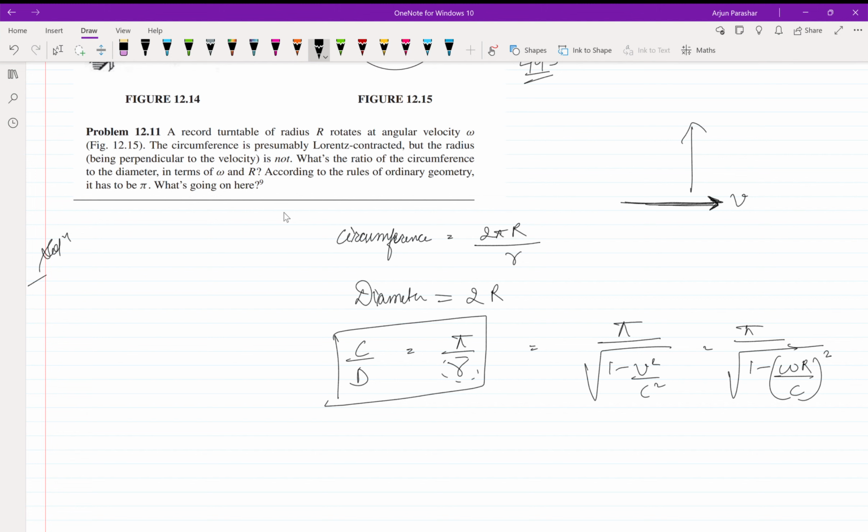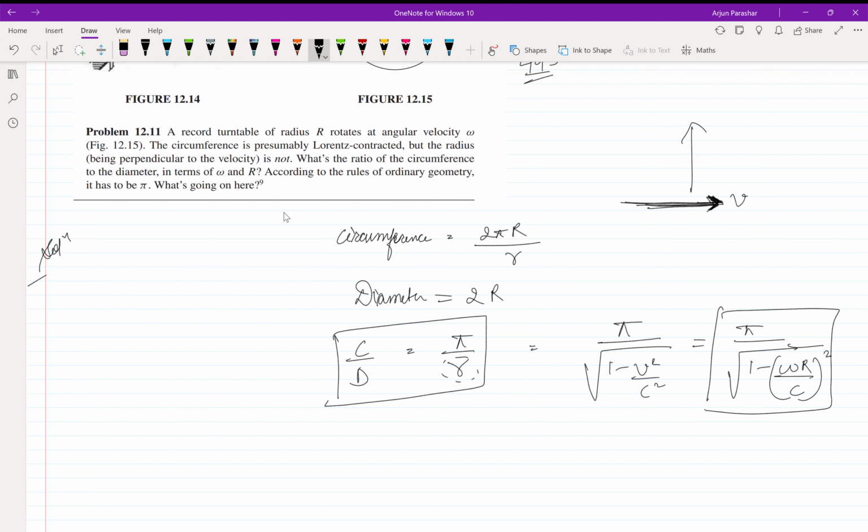It is just because we are studying relativity, and in relativity, length moving in the direction of velocity contracts, and that is why the gamma is placed here. Generally we do not see this kind of stuff, that the circumference is contracting and the radius or diameter is not contracting. This is a bit tricky problem, or you can say a hypothetical, imaginary problem.